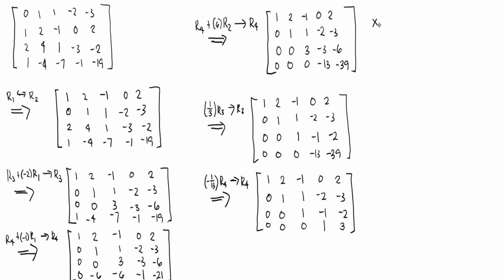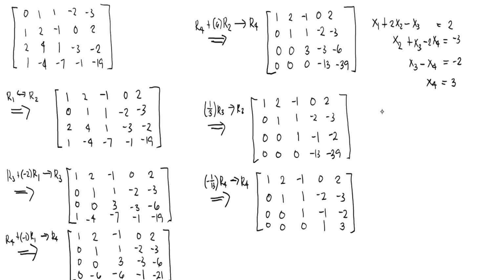So we have x sub 1 plus 2 x sub 2 minus x sub 3 equals 2, and then we have x sub 2 plus x sub 3 minus 2 x sub 4 equals -3. We have x sub 3 minus x sub 4 equals -2, and lastly we have x sub 4 equals 3.